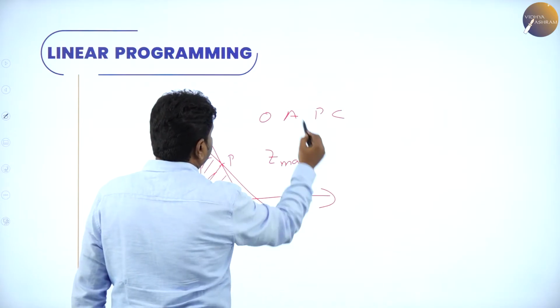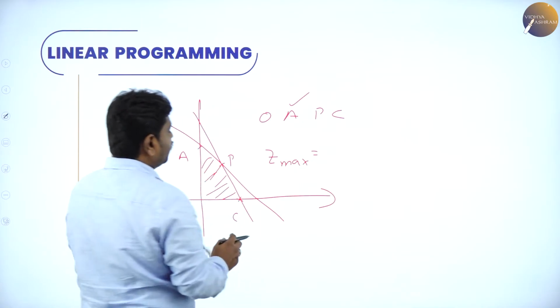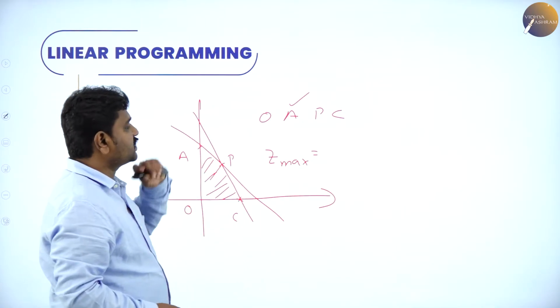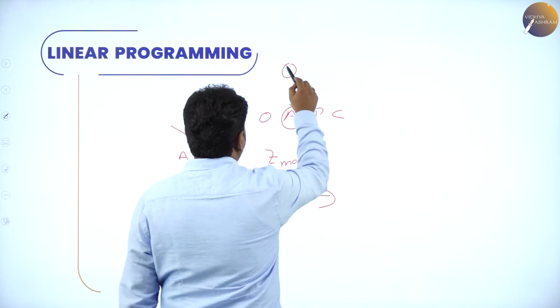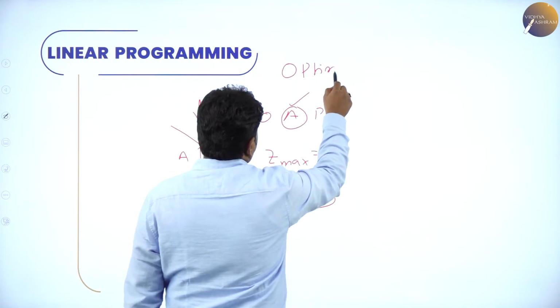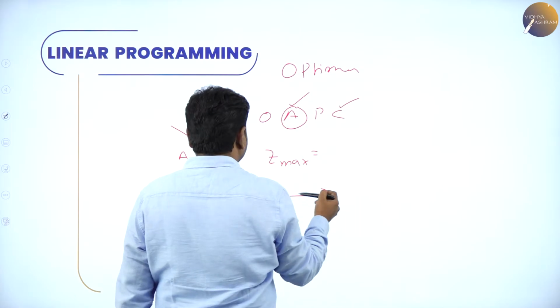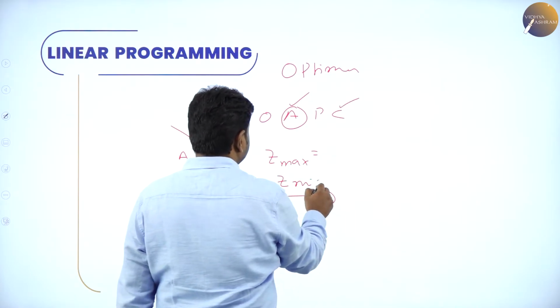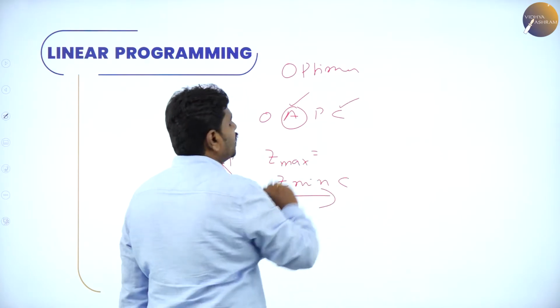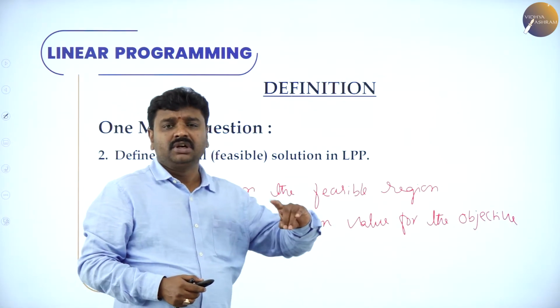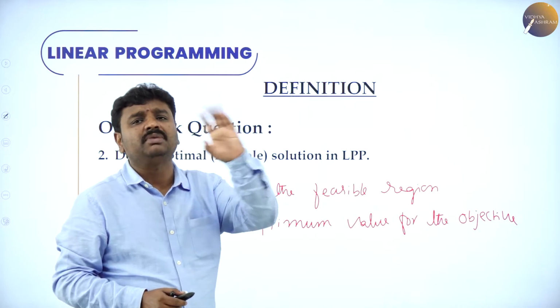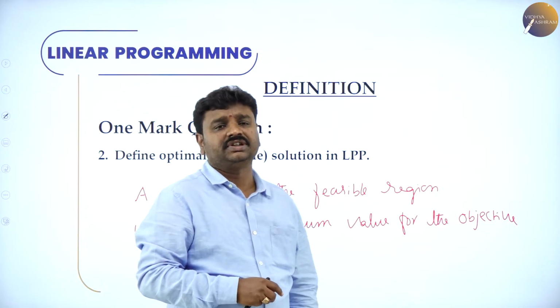So Z max, suppose, occurs at A. Then A is called the optimal solution. Suppose C gives you the minimum, so Z minimum occurs at C. Then C is also called an optimal solution. Optimal solution means a point in the feasible region which gives the maximum value or minimum value for the objective function.